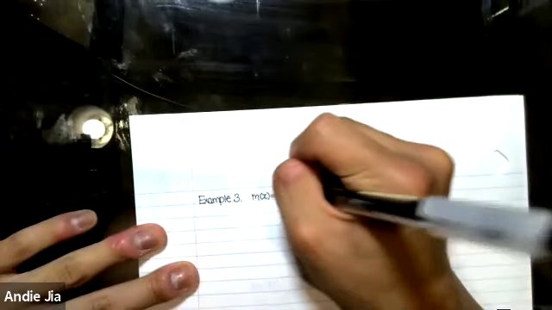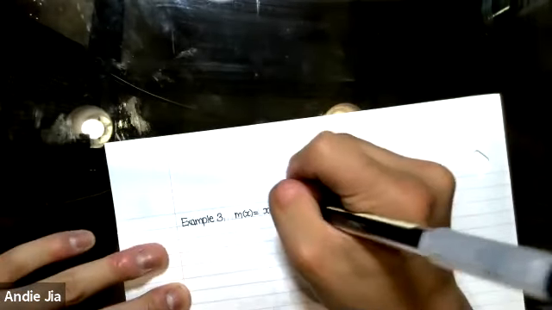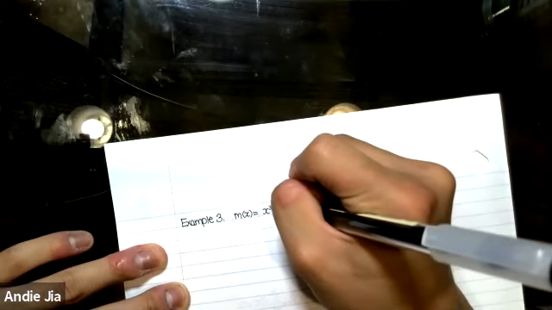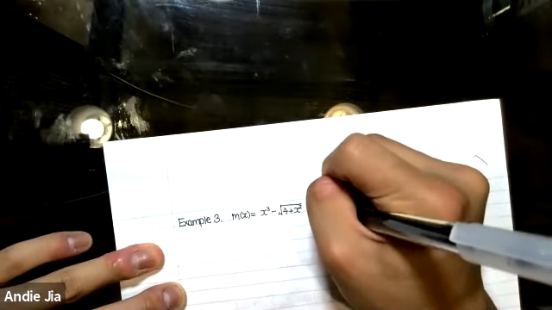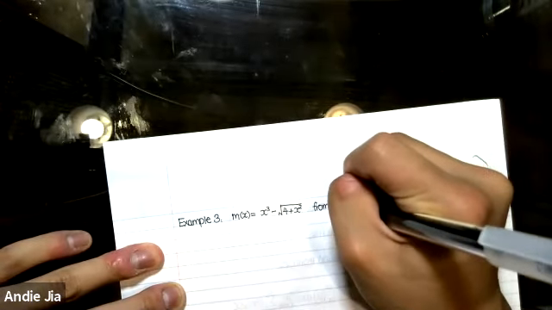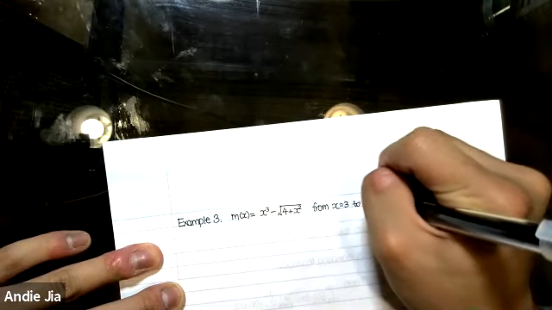It's going to be x cubed minus 4 plus x squared, from x equals 3 to x equals 9.